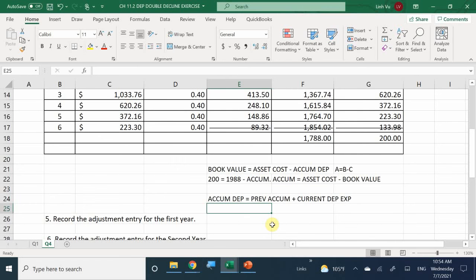So in this case, I know what my accumulated depreciation is. It's 1788. It is equal to my previous year's, which I know, which is 1764.70, plus my depreciation expense. Therefore, how would I be able to solve for my depreciation expense?